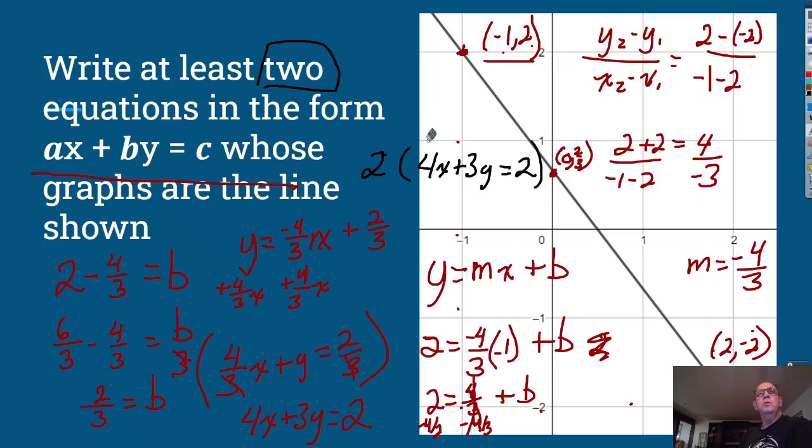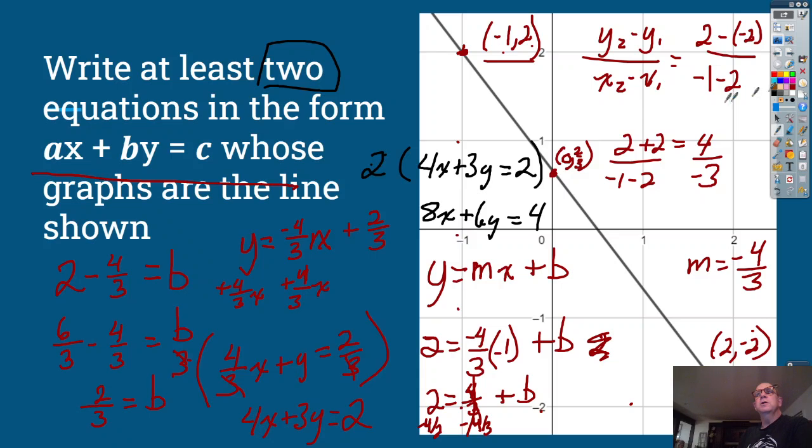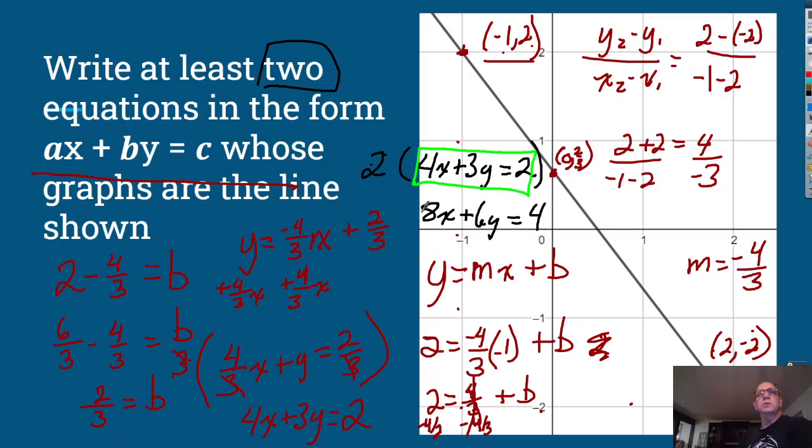So 2 times 4x is 8x. 2 times 3y is 6y. And 2 times 2 is 4. So my 2 equations in standard form that graph this line are 4x plus 3y equals 2 and 8x plus 6y equals 4.